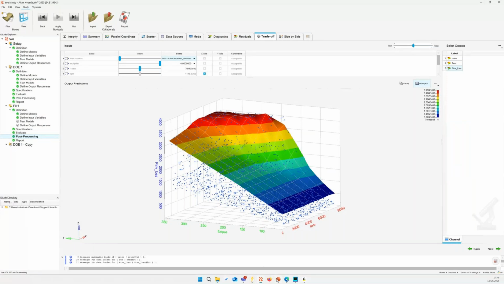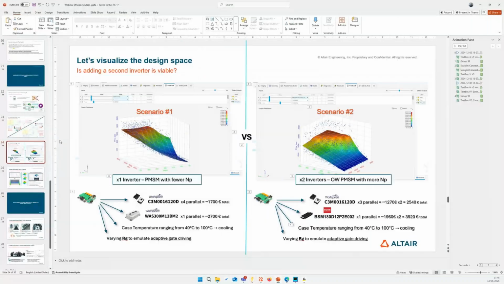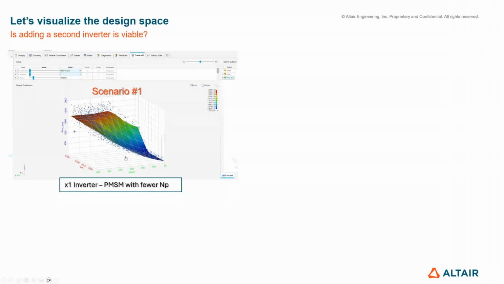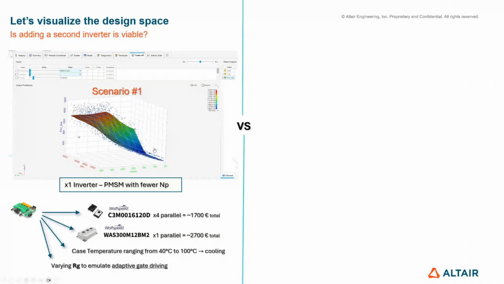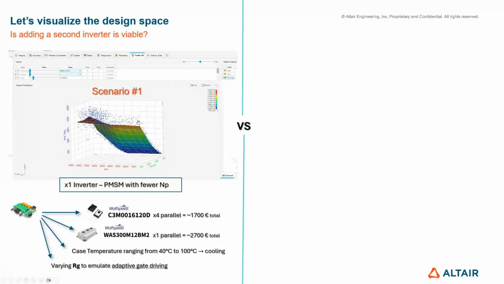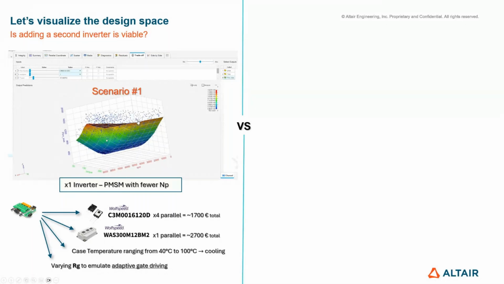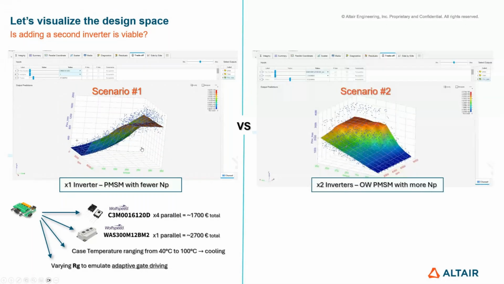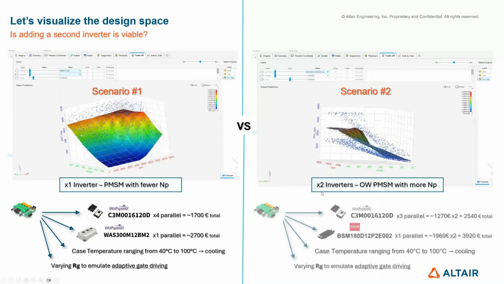This brings us to the final points. So this includes the KIV9 example. Scenario one would be how the system would look with just one inverter per machine. And the second scenario is how the system looks with two inverters per machine.